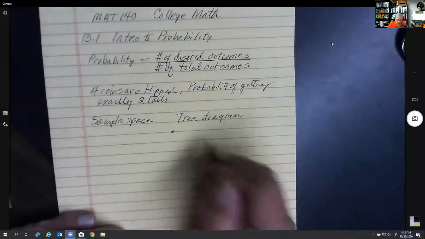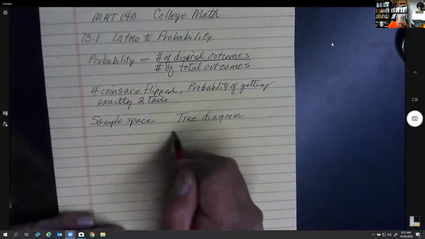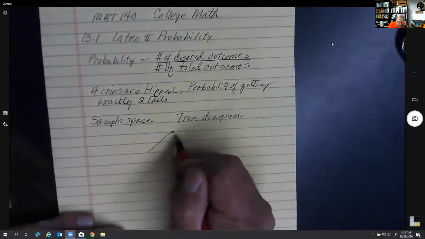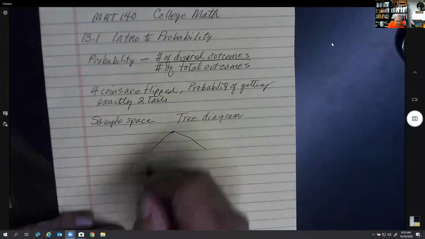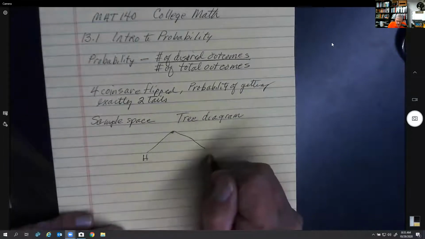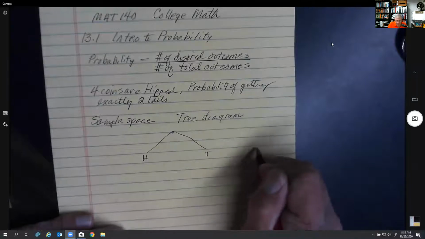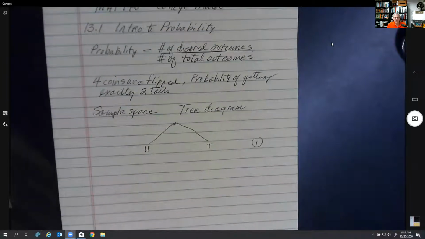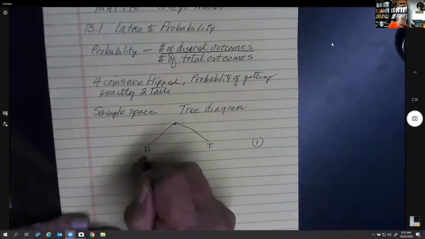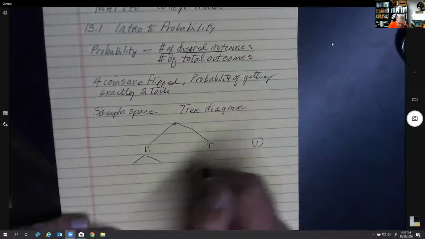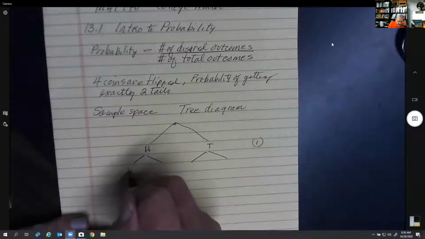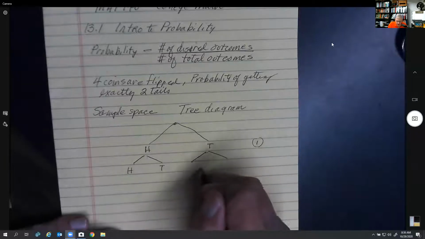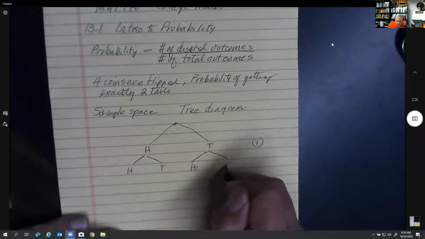Okay, so I'm going to start out here, and I'm going to flip a coin, and I can either get a head or a tail. This is the first flip. Then I'm going to flip it again, and I could get either a head or a tail here, or a head or a tail here.